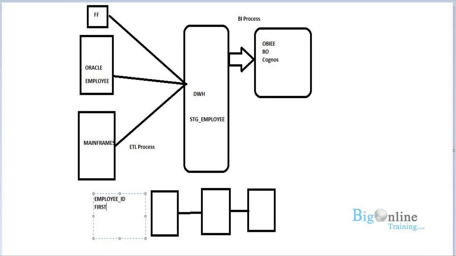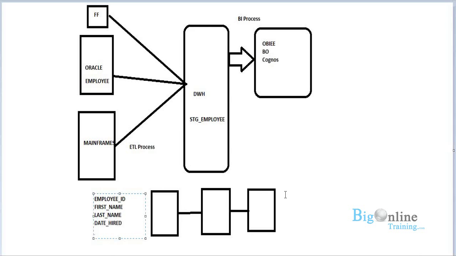So we have employee ID, first name, last name, date hired, and also something like a job code. Just assume that. These are all the columns in the employee table.